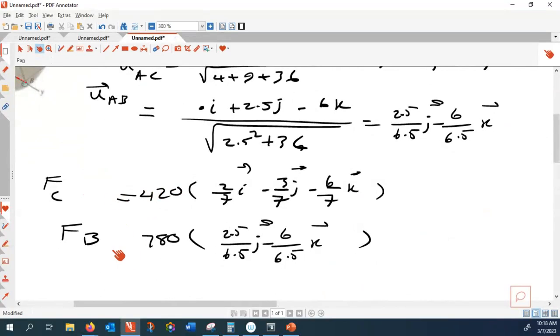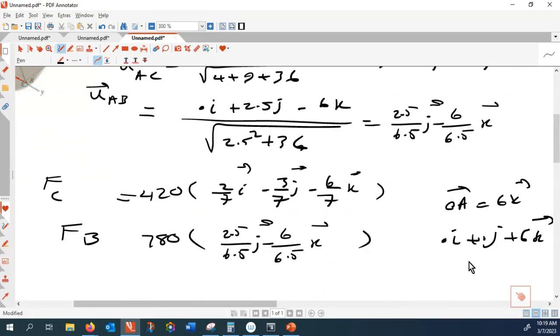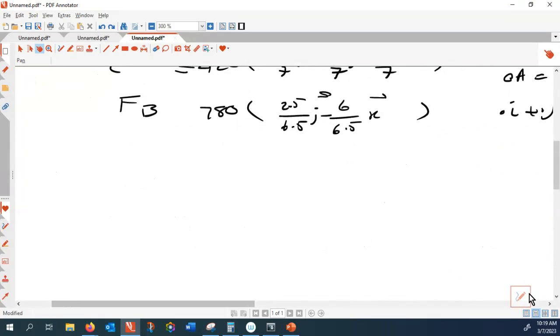All right, now you have both forces, and then what you need is to find the position vector of OA. OA is simple. OA is 6k, or in another term, this is 0i plus 0j plus 6k. So if I have to put them in a determinant, that is ijk, 0 0 6.